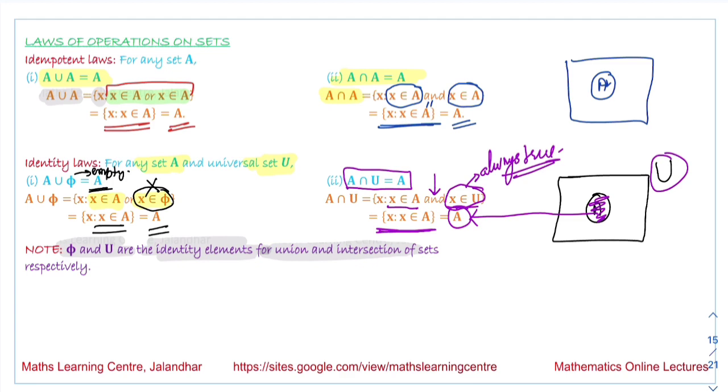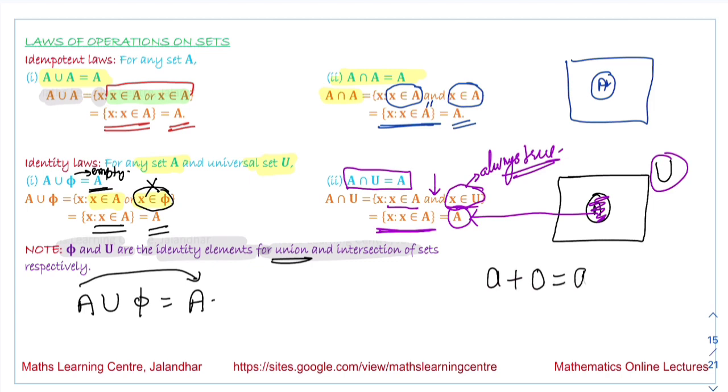Identity element means, for union, if we consider any set A and take union with phi, the answer we obtain is A. Suppose for addition any element A is there: if I add 0 to it, the answer I obtain is A. If I am talking about multiplication, any number A multiplied by 1 gives A. So the additive identity is 0, and the multiplicative identity is 1.